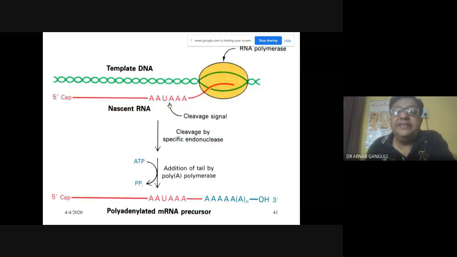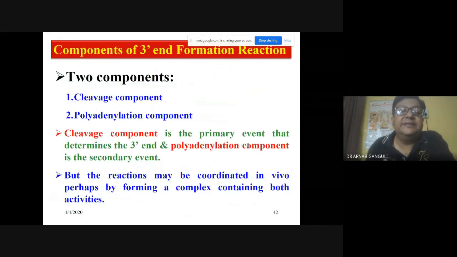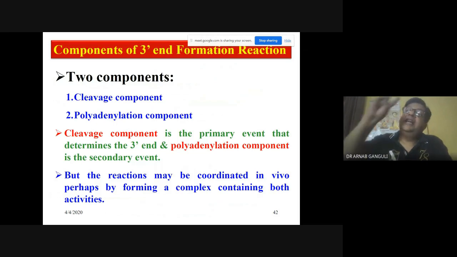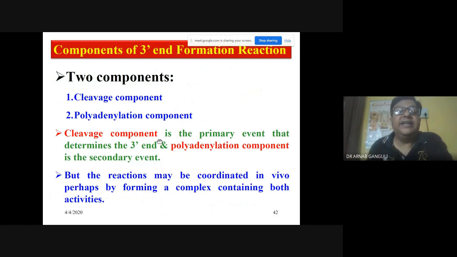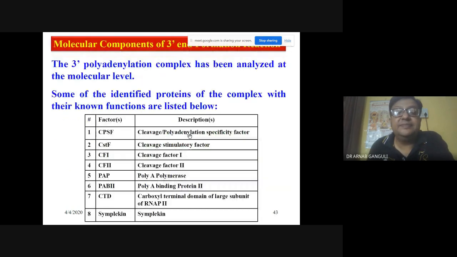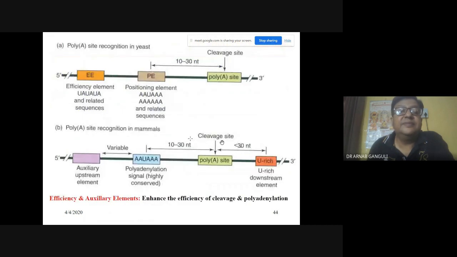The same thing, this is the cleavage signal, polyadenylated precursor. So there are two components. One is the cleavage component, the other is the polyadenylation component. This is the polyadenylation recognition sequence in yeast.